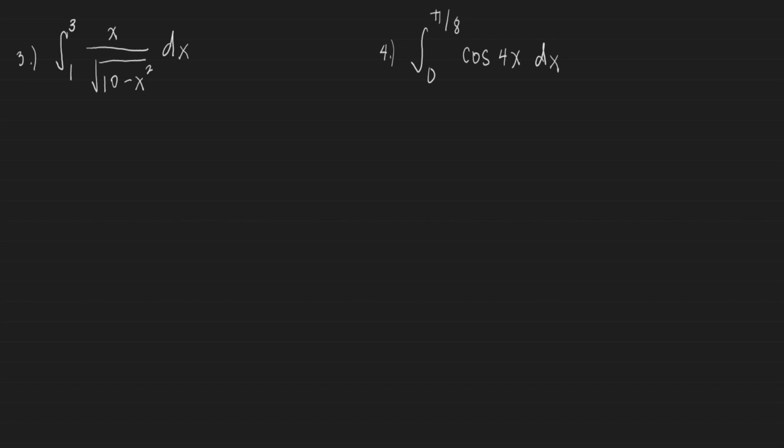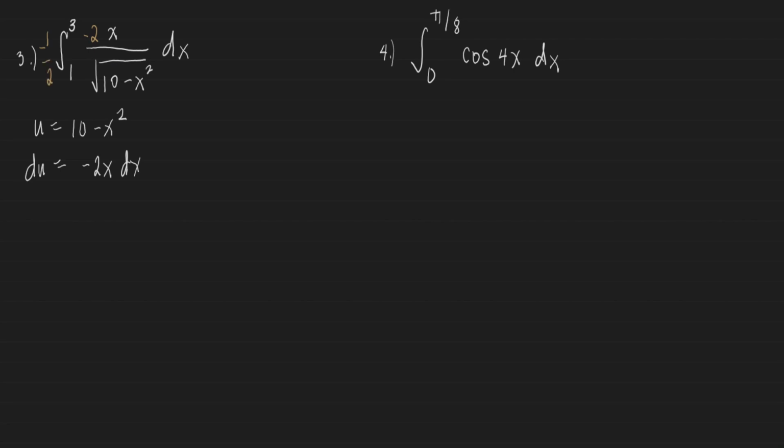If we perform the substitution, we let u be the base, 10 minus x squared, and then we get du is equal to negative 2x dx. So in order for the substitution to work, we are going to put negative 2 in our given and supply a correction factor of negative 1/2 outside of the integration sign.